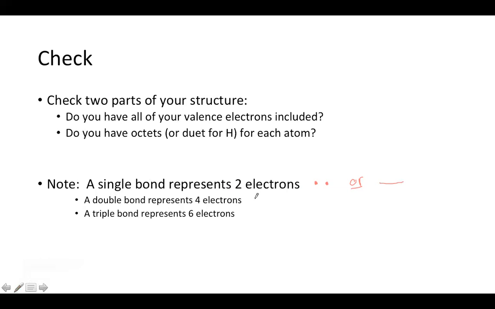A double bond you can represent with 4 electrons, or you can do 2 lines stacked on one another so it kind of looks like an equal sign. And then a triple bond is 6 electrons, and again you can draw the 6 dots, or you can do 3 lines stacked on top of each other to represent a triple bond.